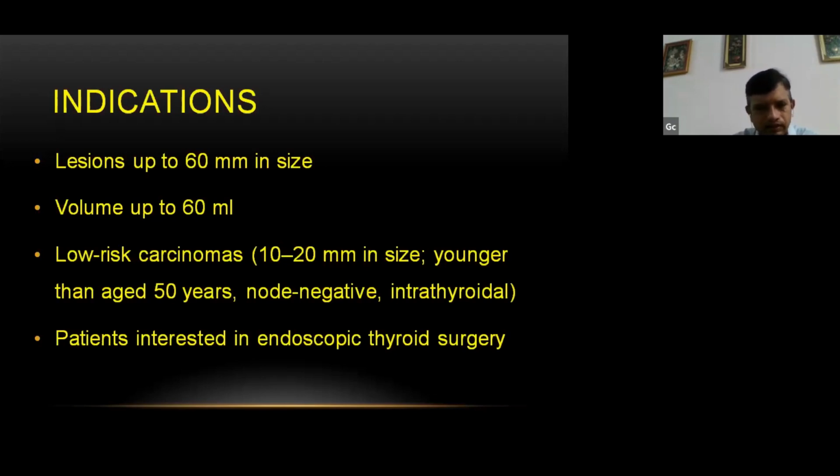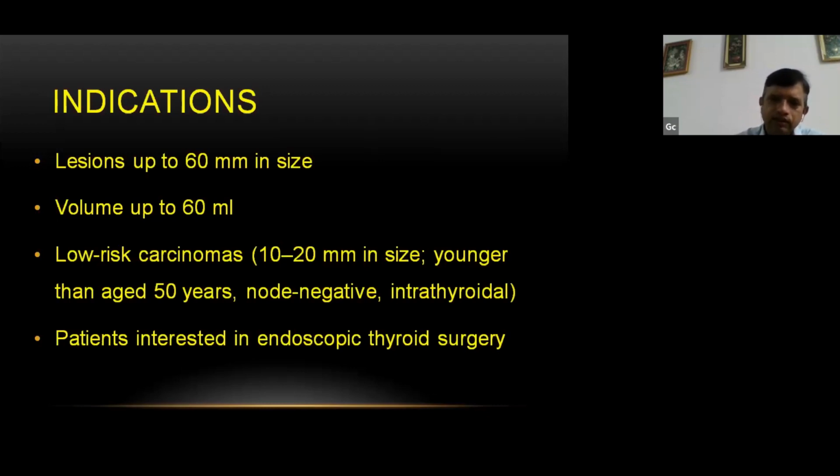But you can perform it with bigger benign goiters, or even, initially, thyroiditis. Contraindications included thyroiditis or toxic goiters, Graves' disease, large Graves' disease. Those were the contraindications at that time. But nowadays, these can also be performed.